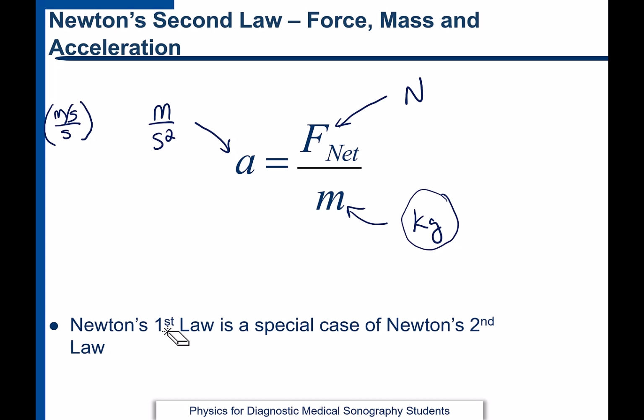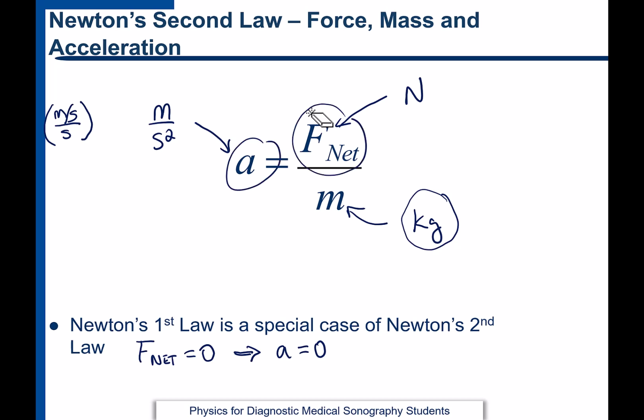So notice in Newton's second law, if we set the net force equal to 0, then the acceleration has to be 0, right? If F net is 0, then a is definitely 0. Well, if the acceleration is 0, that means the velocity can't be changing. So the velocity has to be constant.